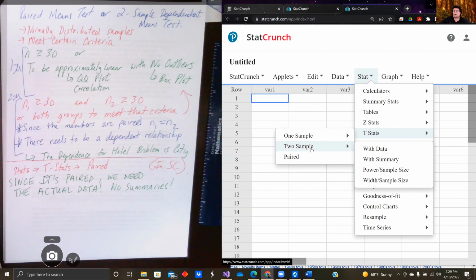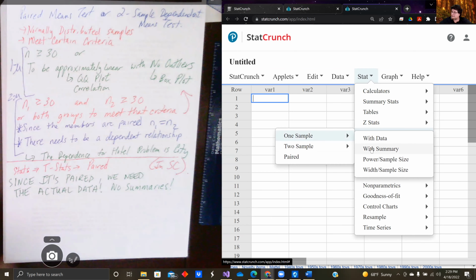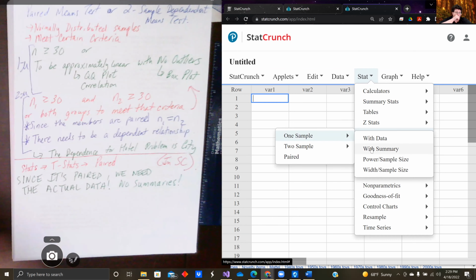Like two sample or one sample, we could say with summary. We can't do that with the paired test.